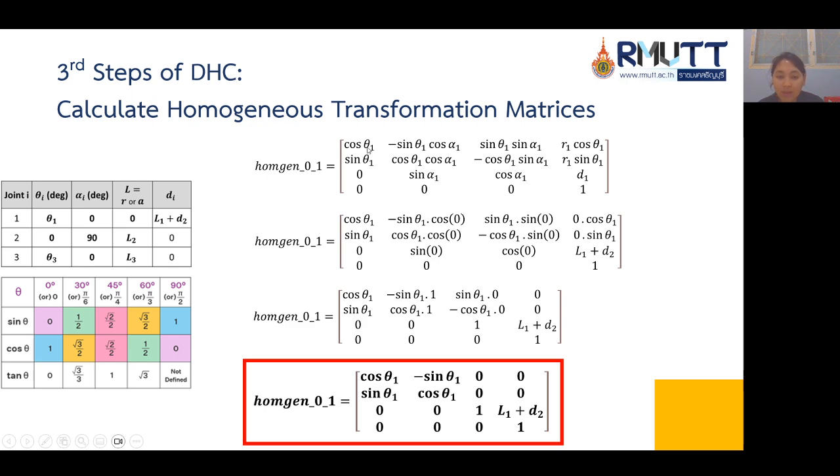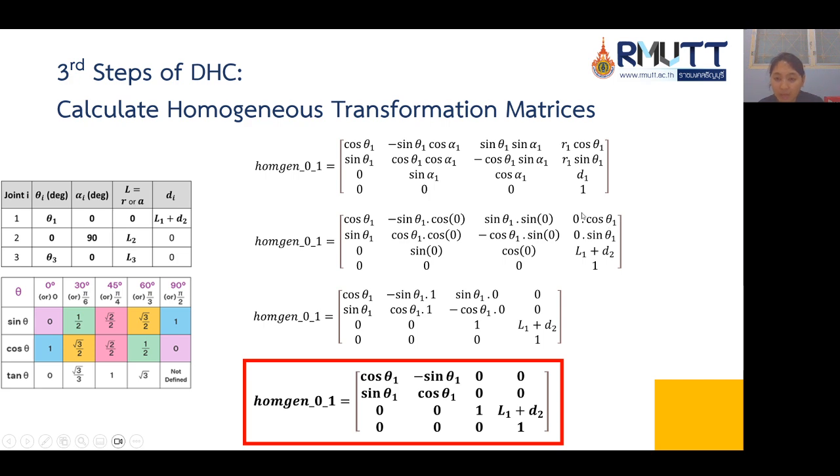And after that, change the values. We can see here the alpha for joint 1 is 0, so we can change it here. But the theta we don't know the value of, so just put theta 1.